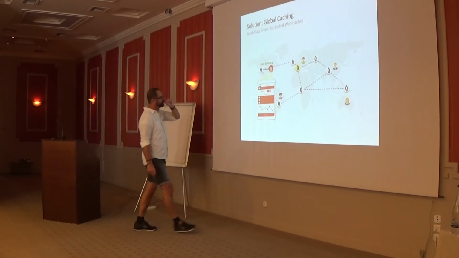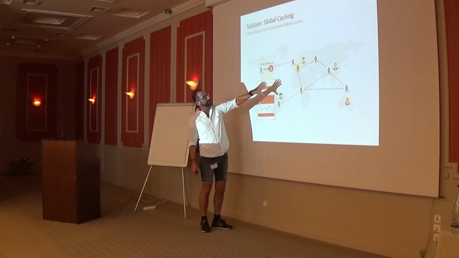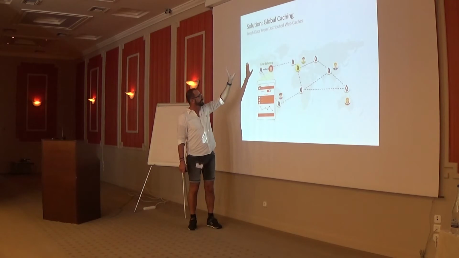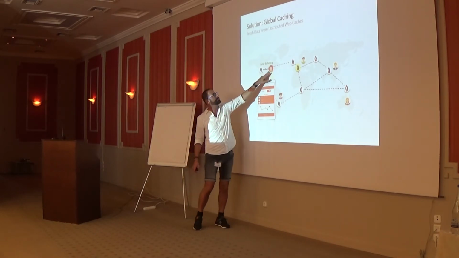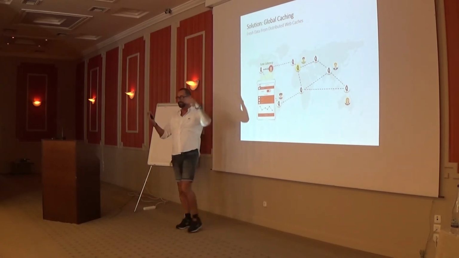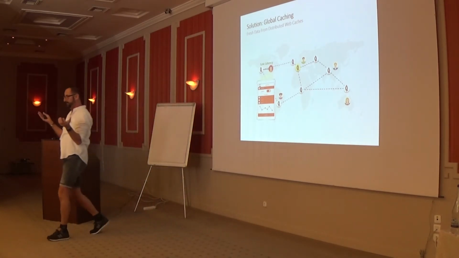What we do is we store all the data in these caches and enable mobile devices to load the data from the nearest cache which is available. This is a pretty easy idea.